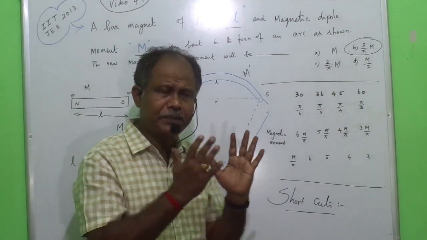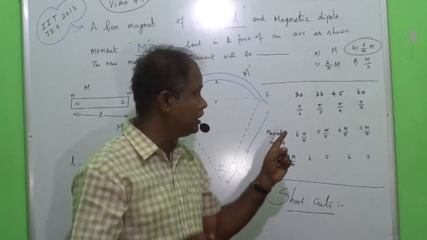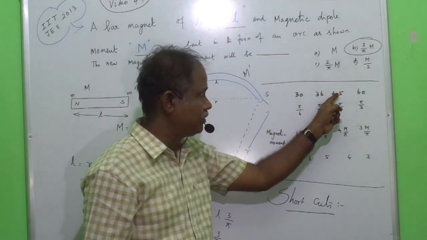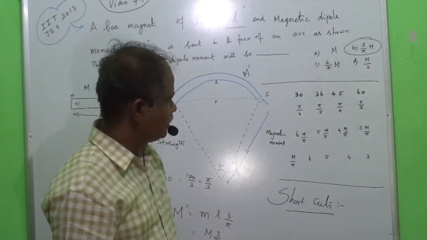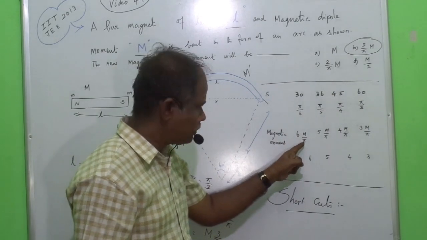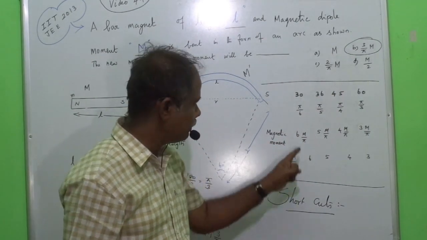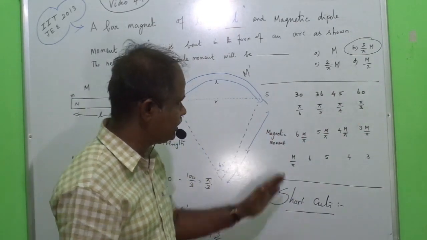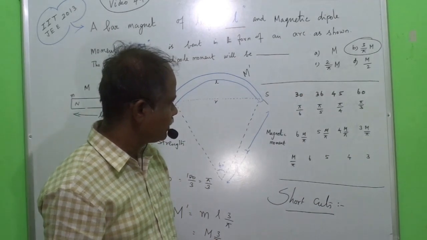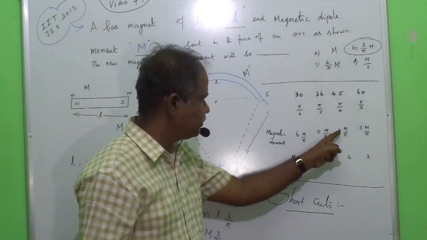Just see this particular flow. If we change the angle to 30, 36, 45, 60, M by pi is a constant. Understand? M by pi is a constant. By changing the angle, the multiplier is 6, 5, 4, 3.